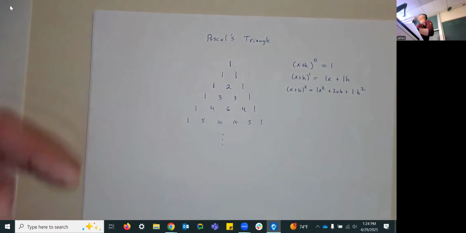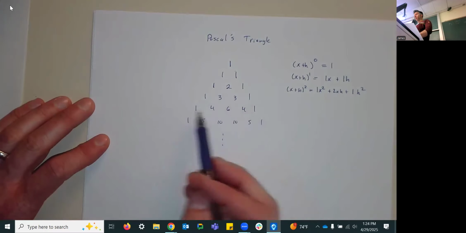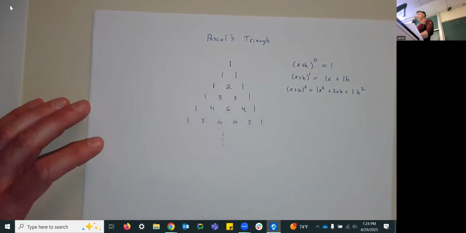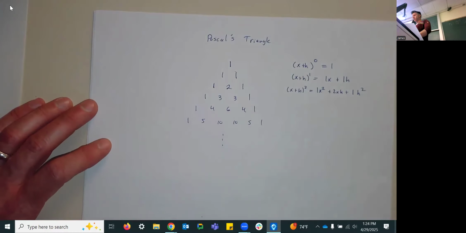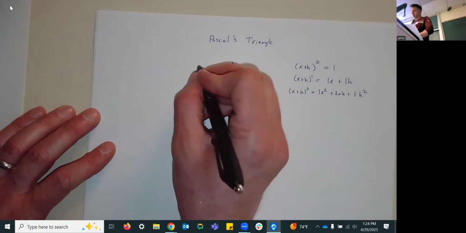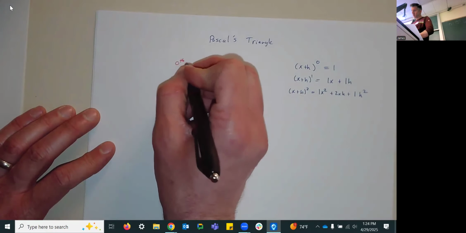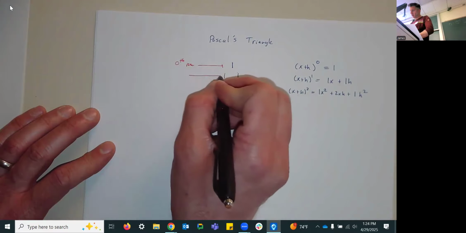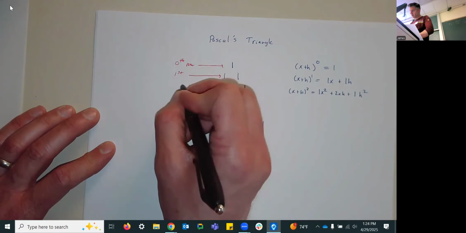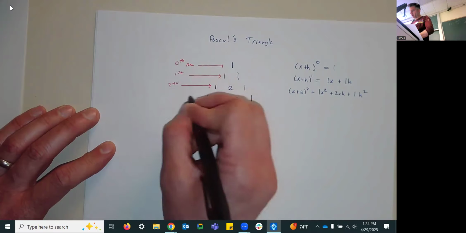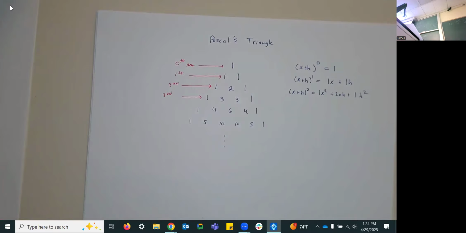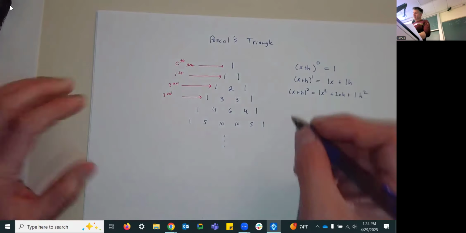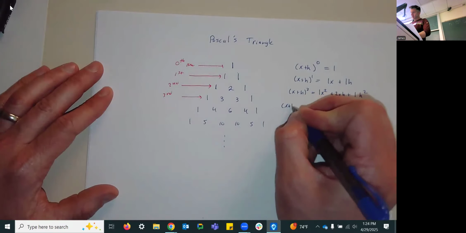What I'm trying to imply by writing it this way, which is true, is that the numbers in each row of Pascal's triangle give you the coefficients of the expansion of x plus h to that power. I typically say that my top row is my 0th row, and then we have the first row, the second row, the third row, and so on. The third row gives me the coefficients of x plus h cubed.